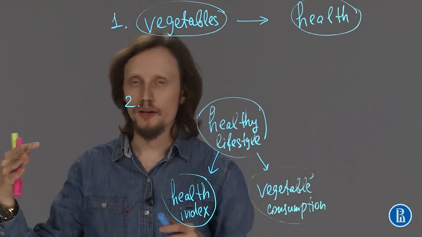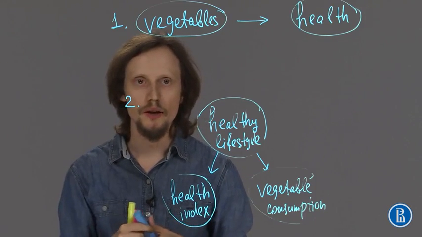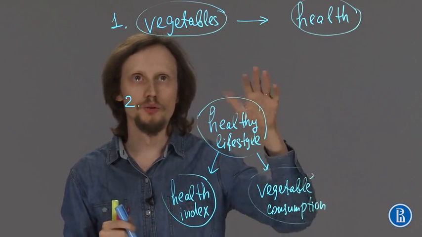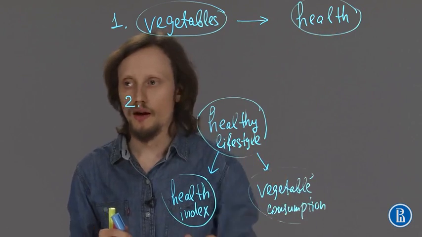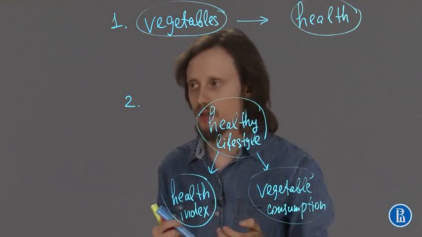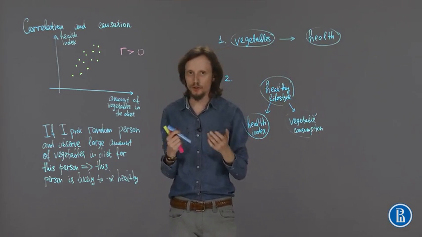So we cannot use correlation to make causal conclusions unless we are assured that there is a relation like this one. And this kind of relations have to be obtained using different tools, not correlation itself.